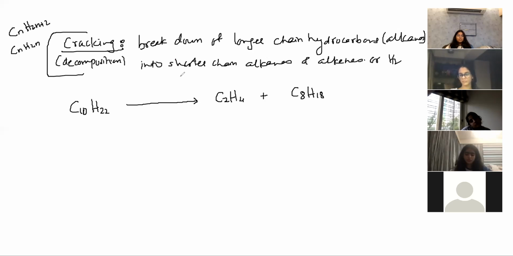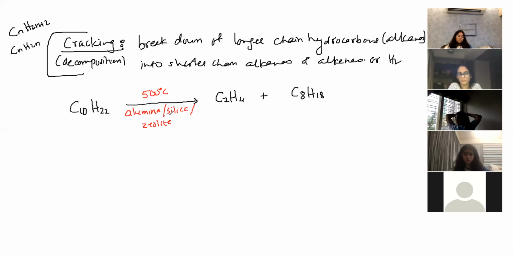Now what else should you know? The reaction conditions: 500 degrees centigrade, or you can simply write heat. And the catalyst, you can write alumina or silica or zeolite, or simply write catalyst.